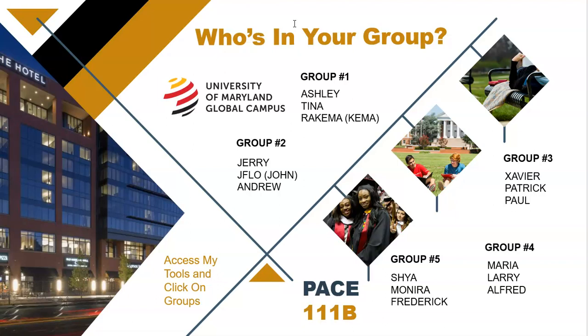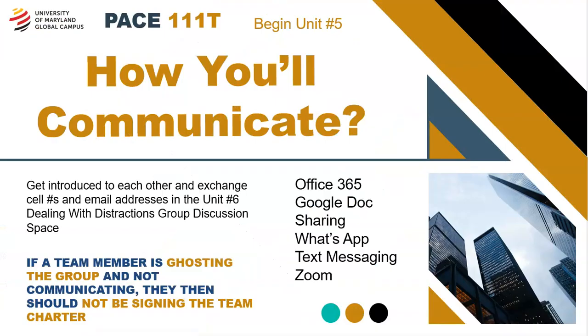I will try to send a follow-up email to some of the groups to let you know each other's email addresses so you can start communicating. Now, how will you communicate? So, in the past, there have been a variety of mechanisms students have used to communicate that you see here: creating a shared Google Doc that everyone can contribute to, Office 365 using Microsoft Teams, WhatsApp, text messaging, and Zoom.